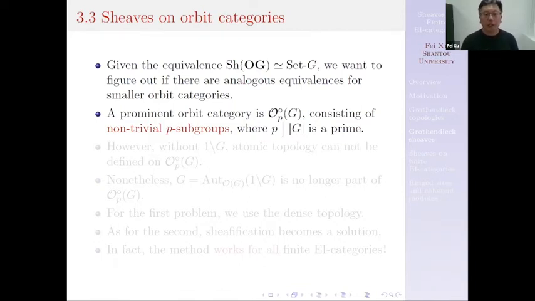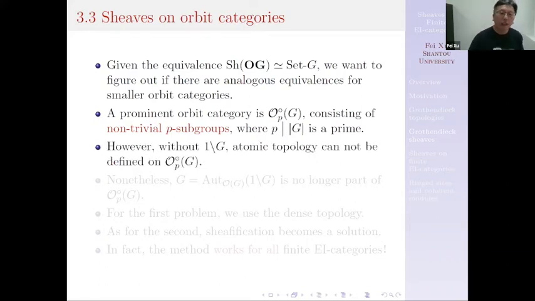Now, if we look at the proofs of Artin, then you realize it doesn't work for this particular orbit category. As you can see, first of all, without this particular orbit, we cannot introduce the atomic topology.